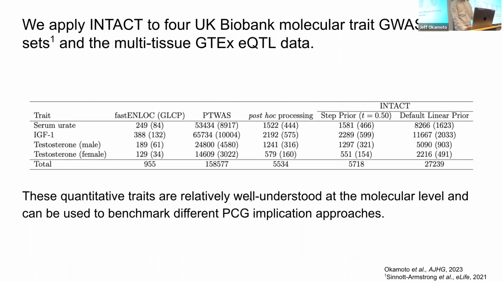So there are a lot of numbers here, and basically the only thing I want to draw your attention to for now is that you can see the same pattern as we saw for the simulation, in which the total number of gene tissue pairs implicated for the default linear prior falls between the fast and loc colocalization approach as well as the TWAS approach.